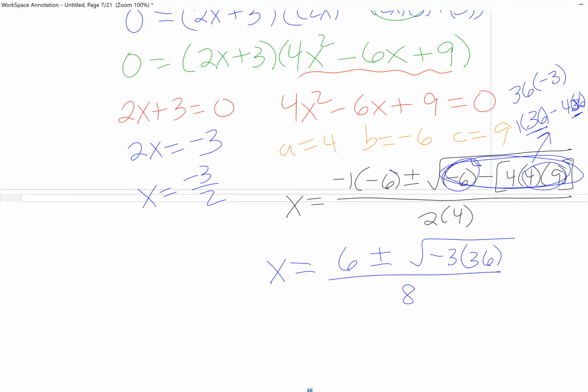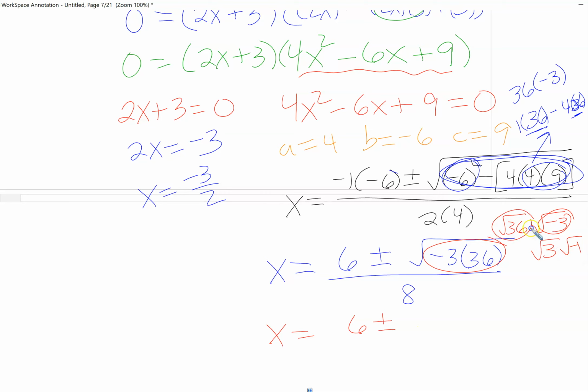And that is useful because it allows us to more easily get to this point to where we can start to simplify. So now what we have is 6 plus or minus. This, remember, would be the square root of 36 times the square root of negative 3. And the square root of negative 3 would be the square root of 3 times the square root of negative 1.